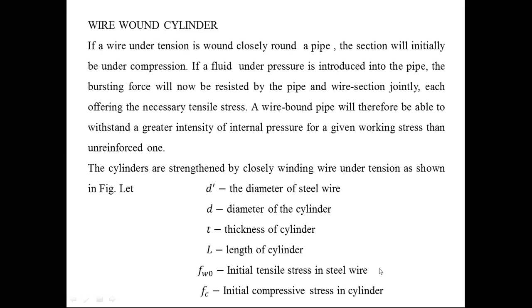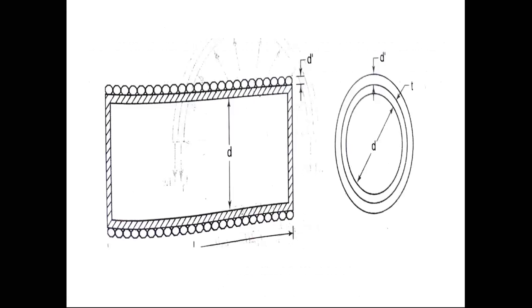Let us see the figure. This is the L, and this is the cylinder, whose diameter is D and length is L, and you wind a thin steel wire on it.